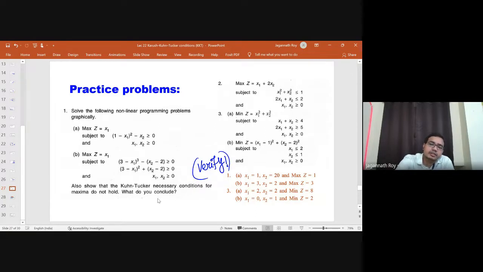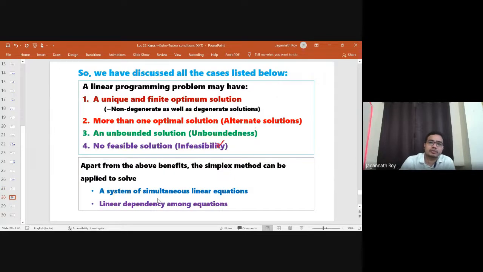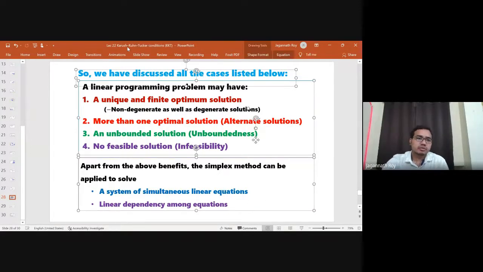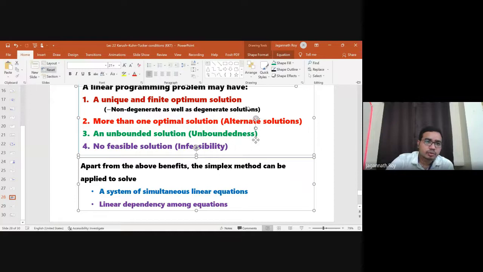Now, I could have started the quadratic programming also. So I will briefly introduce what quadratic programming is. Just to recall, the simplex method can solve problems as follows.